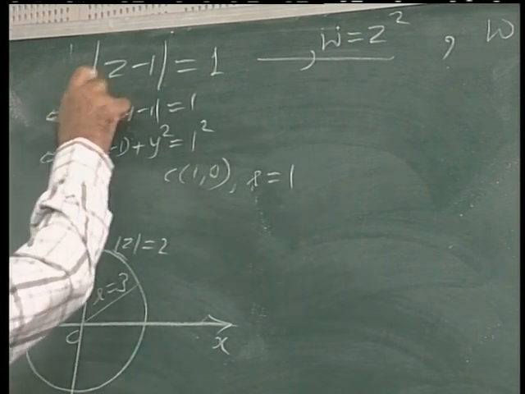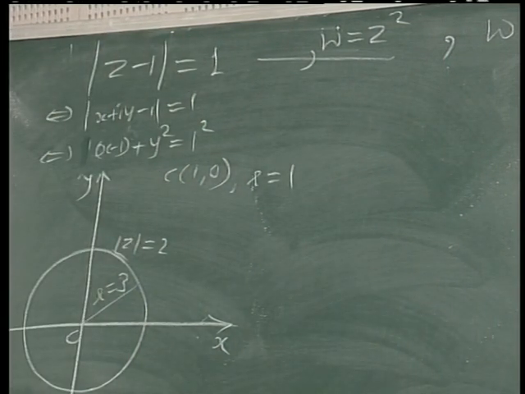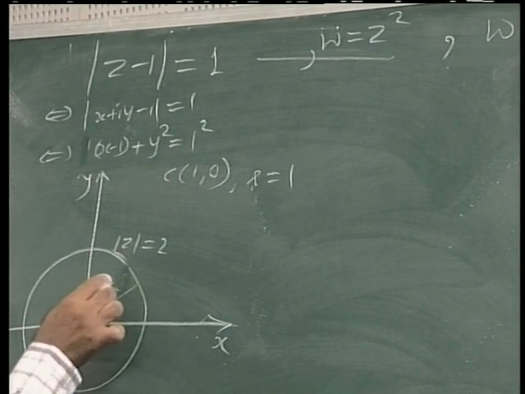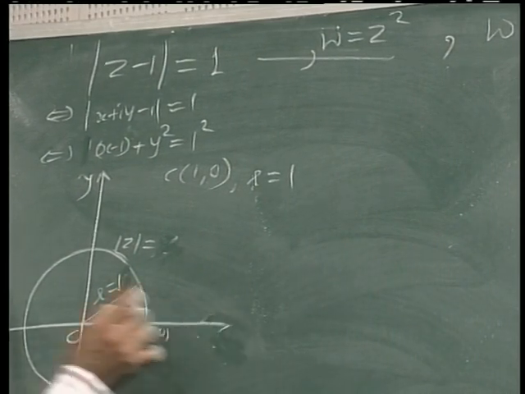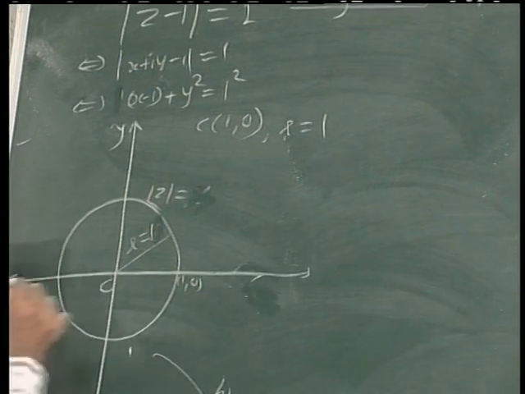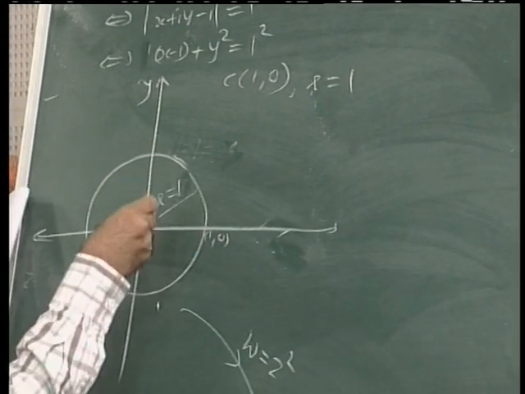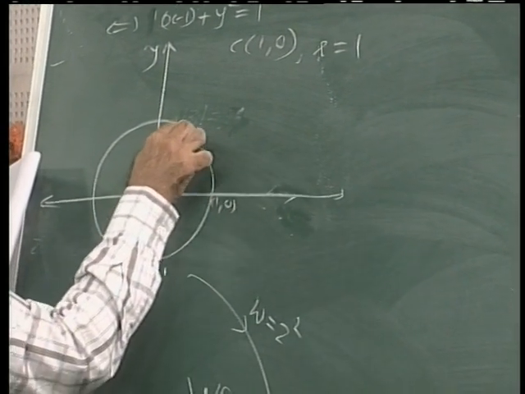So mod z minus 1 equal to 1 is a circle, center at 1, 0, and radius is also 1. So it will be like this.